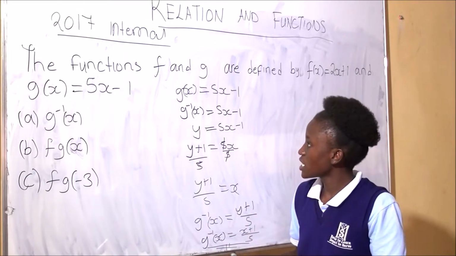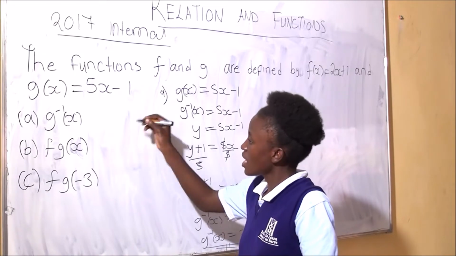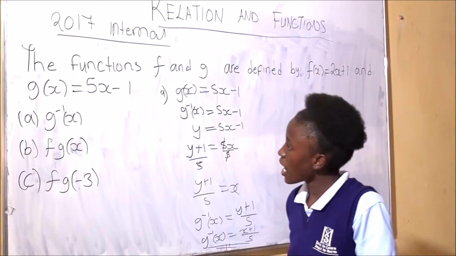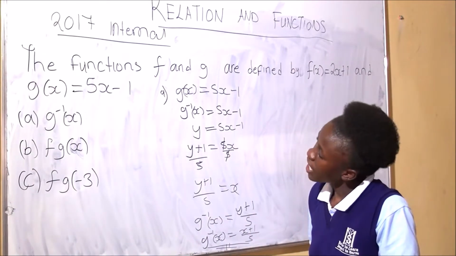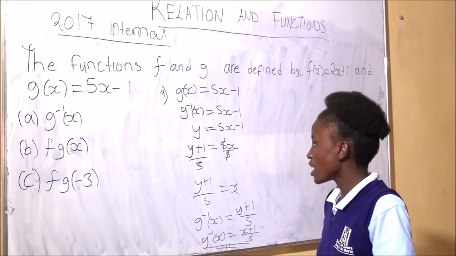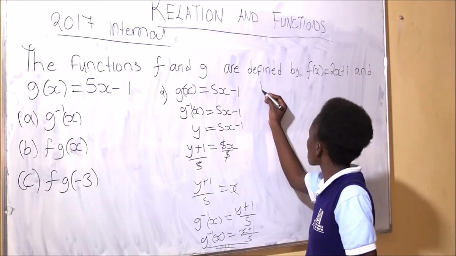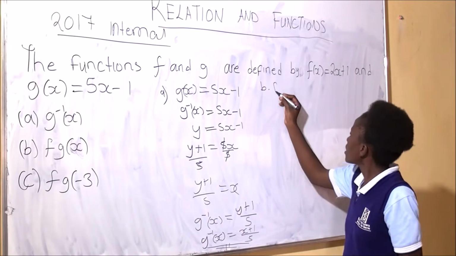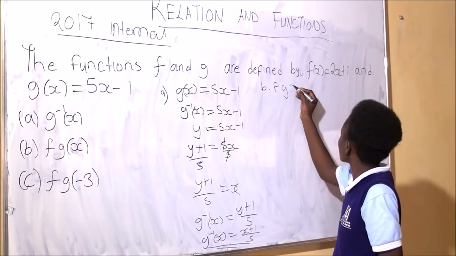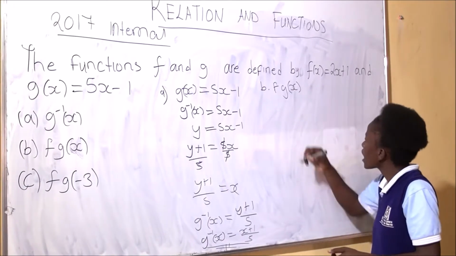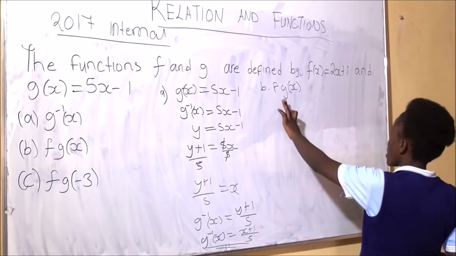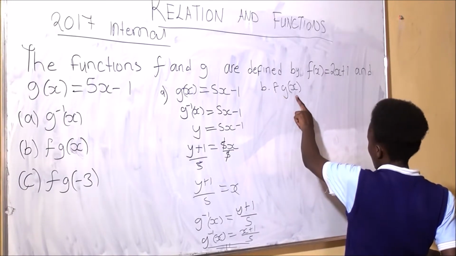So this is A. Number B is saying find f of g of x. So for B, we bring down f g of x.